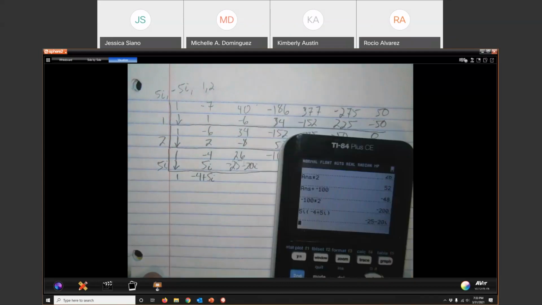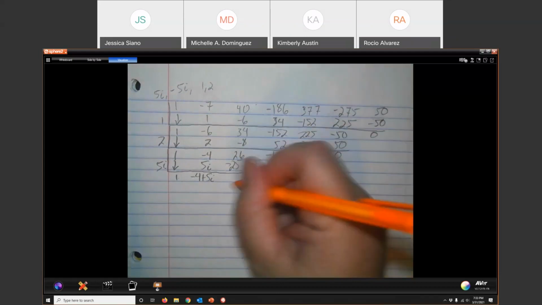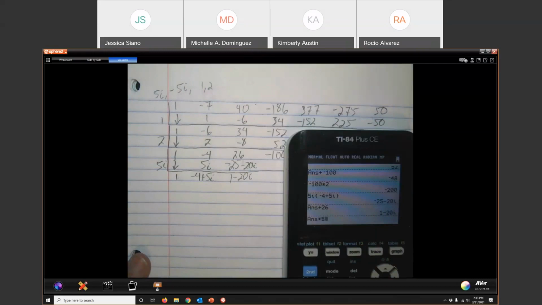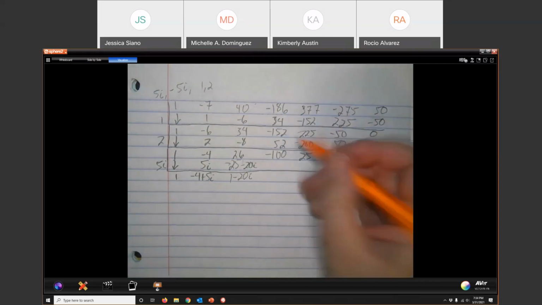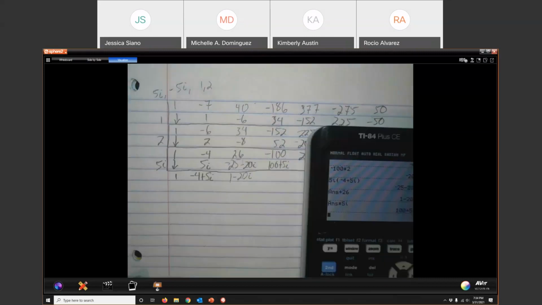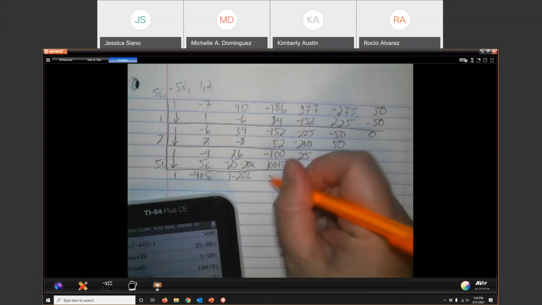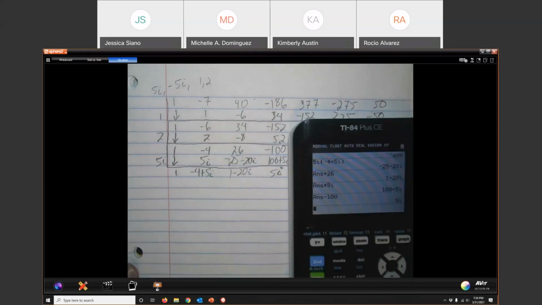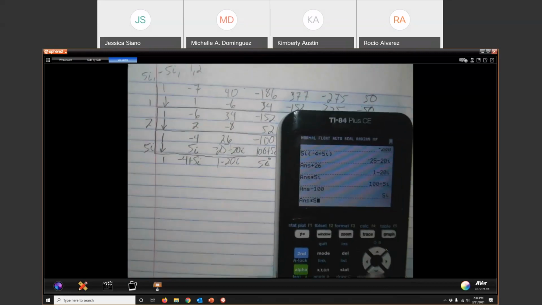And then plus 26, negative 1, or 1 minus 20i. And then times 5i, 100 plus 5i. And then minus 100. It's going to give me just 5i. And then times 5i, negative 25.